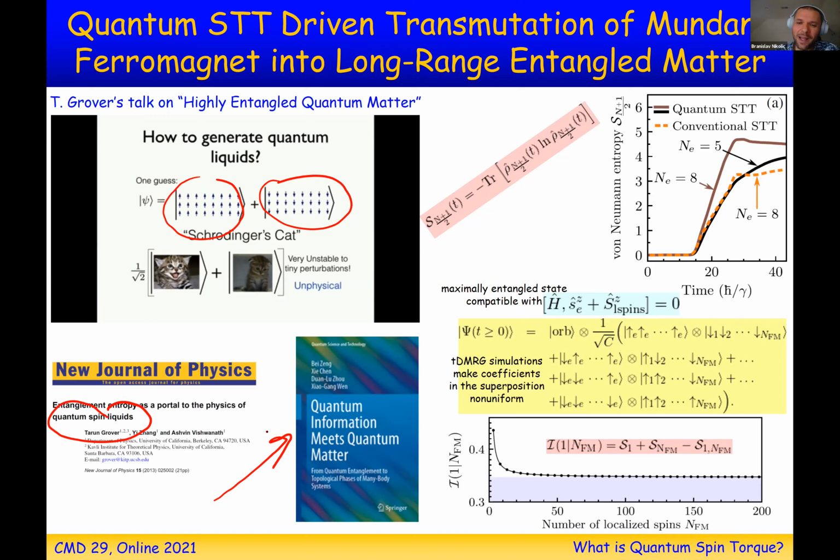It turns out that once you shift out of equilibrium, what we predict in our paper is that with no effort, you would actually see that highly entangled states are being generated from a mundane ferromagnet simply by hitting them with this flow of incoming spins, which are collinear.